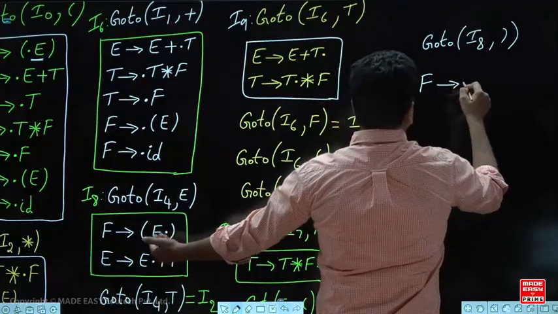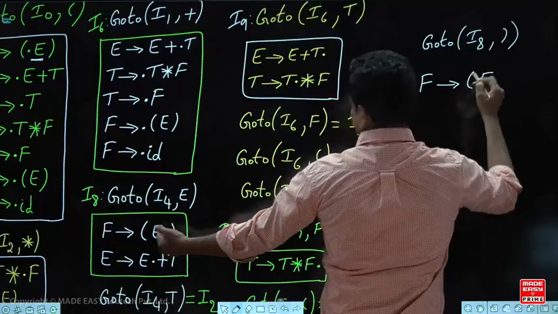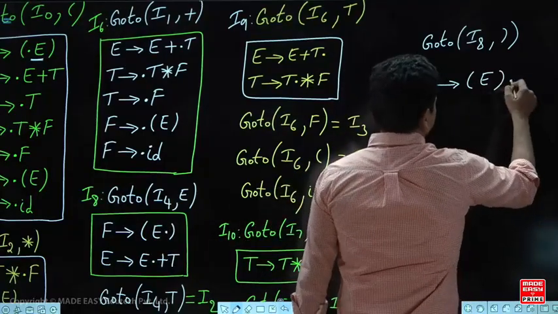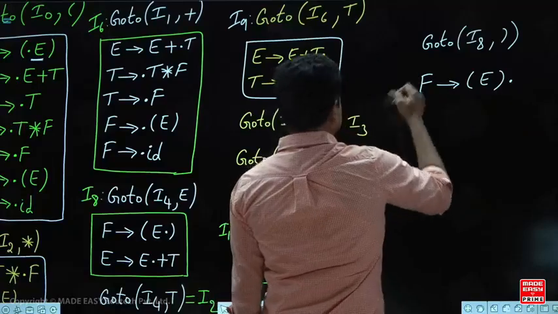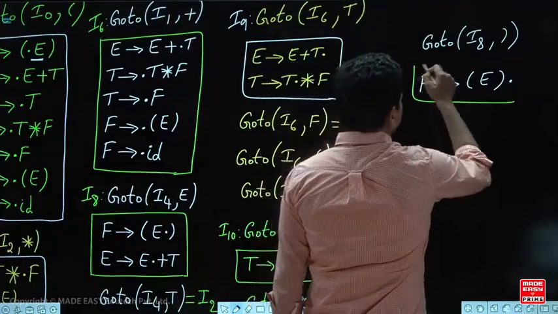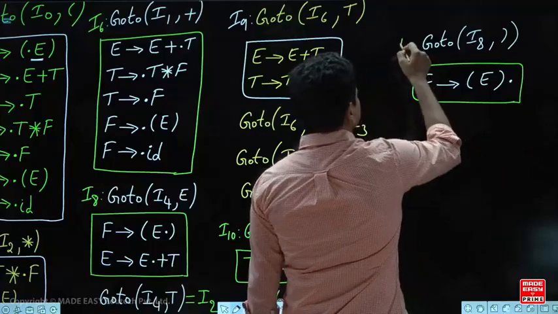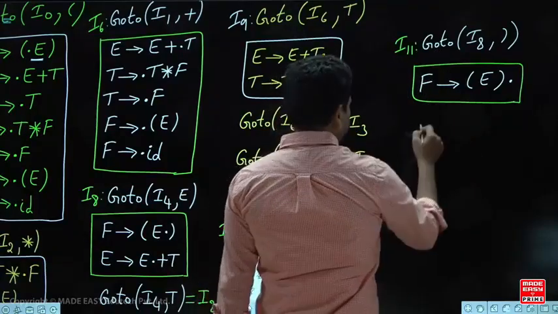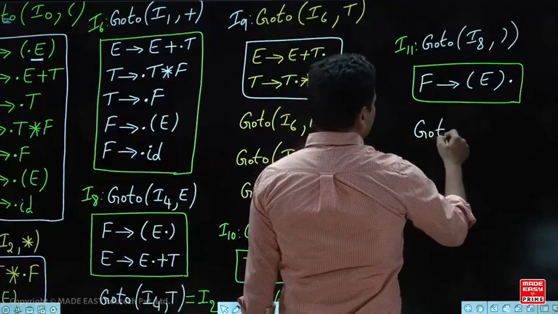F derives open E, the dot is here. Just shift the dot. So I have shifted the dot after nothing, then close this one, and we don't have this state anywhere. So name this as I11. This is done.